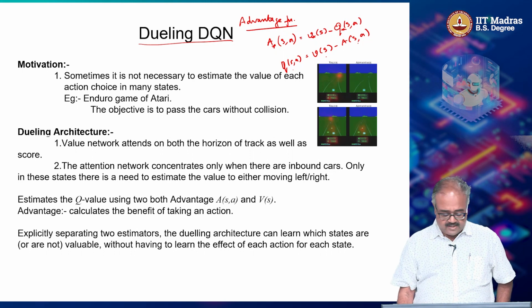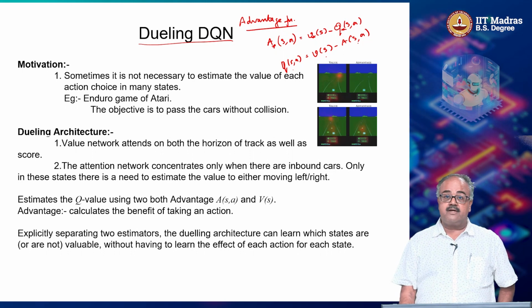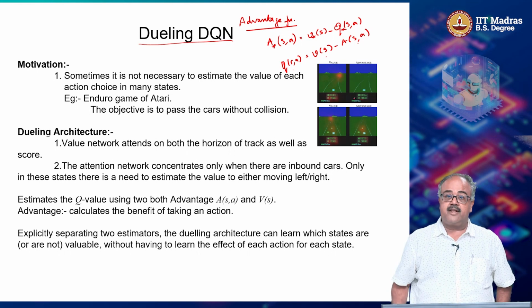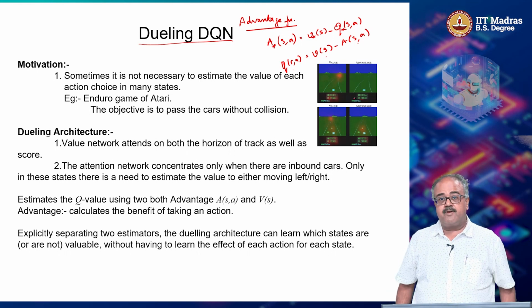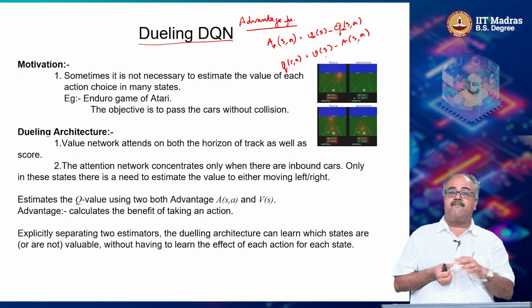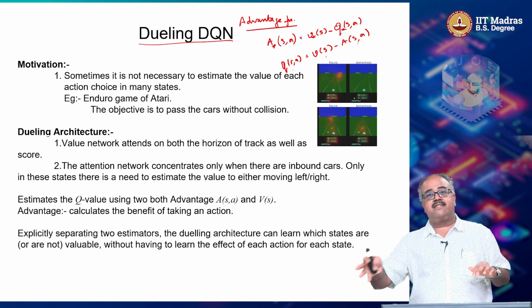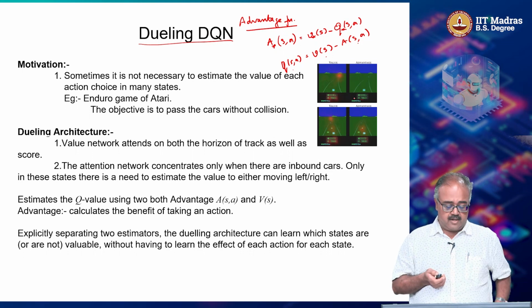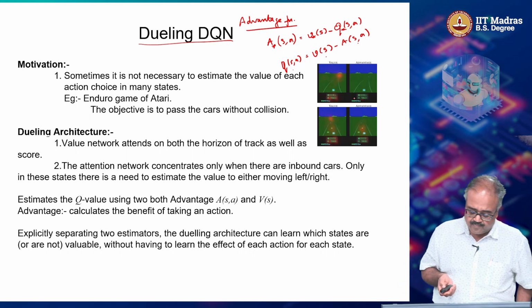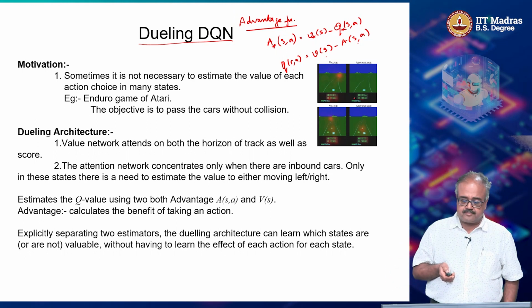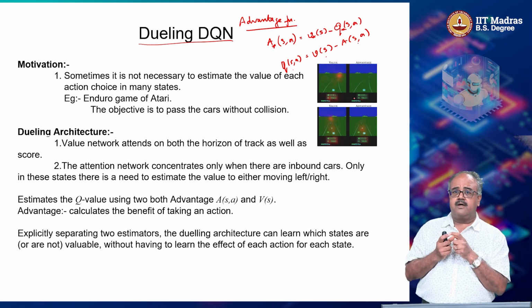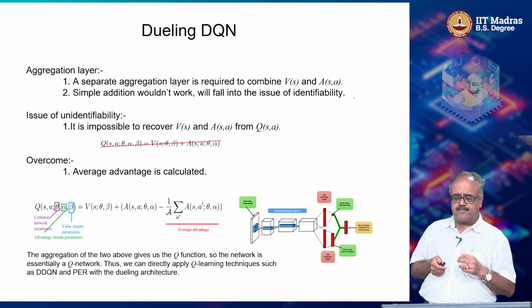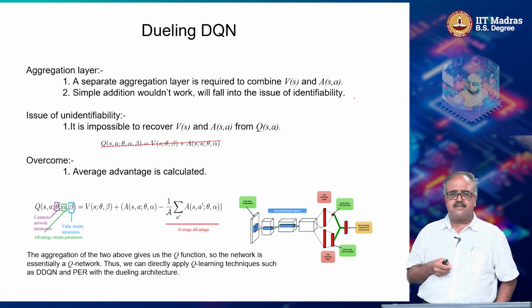So in such cases I can learn with fewer samples of such states, and therefore the learning can be faster, and a little bit more robust, because I am trying to learn an average of the state value as well as the action value. So sometimes this allows me to learn in a more robust fashion. So this allows me to learn with fewer samples, and we will see this in practice that this actually helps a lot.